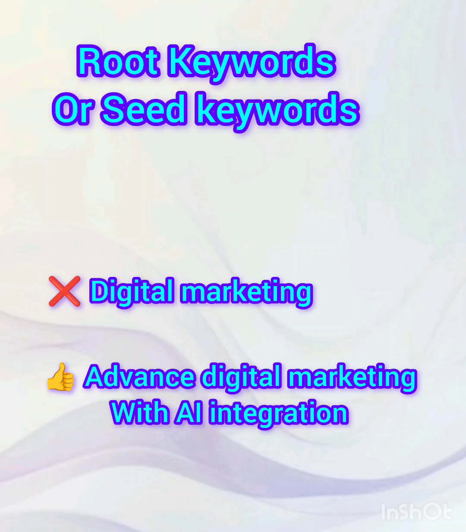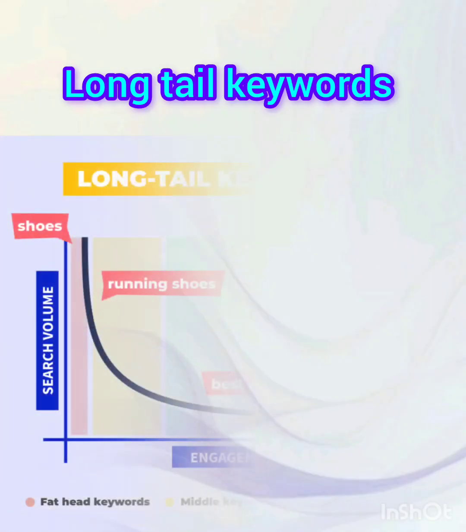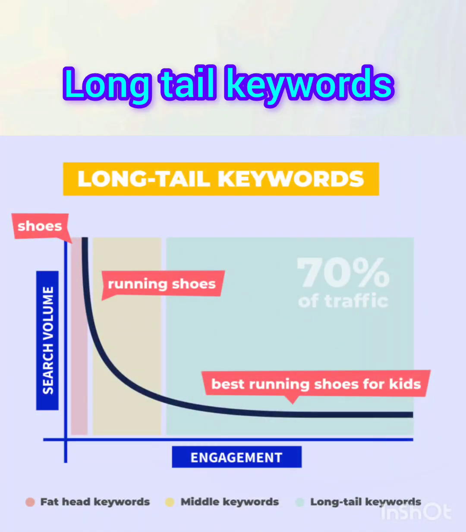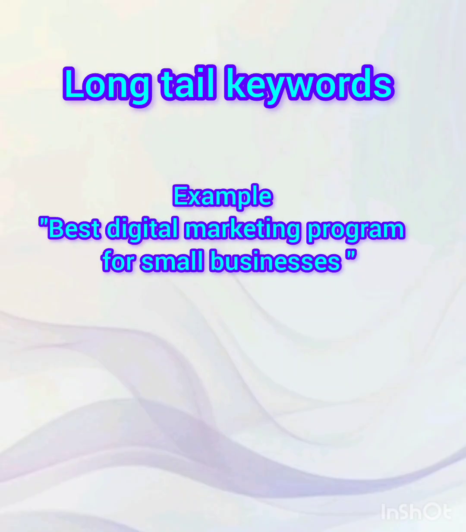In the end, you can use long tail keywords. Let me explain what they are. They are phrases usually consisting of 3+ words, used by users when they specifically know what they are looking for. For example, best digital marketing program for small businesses.